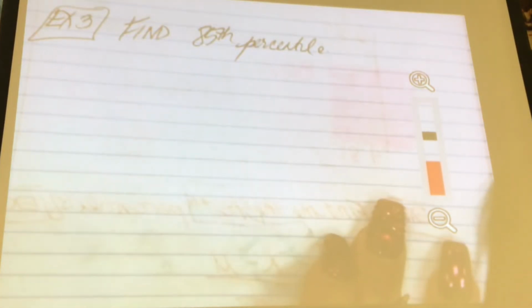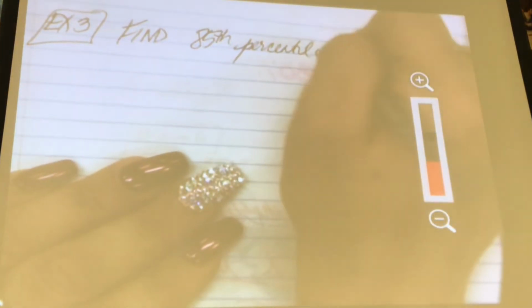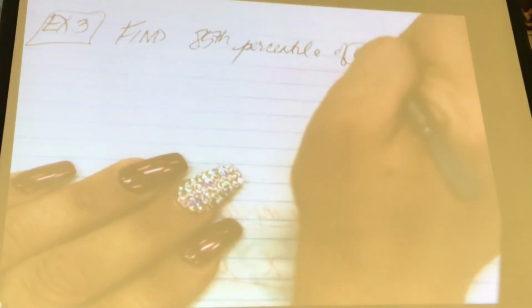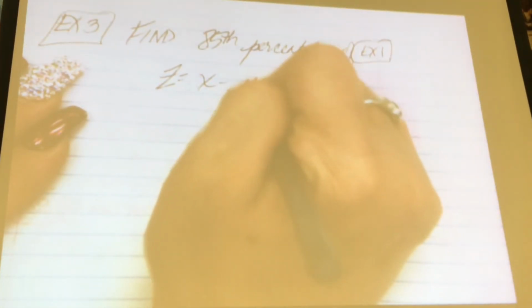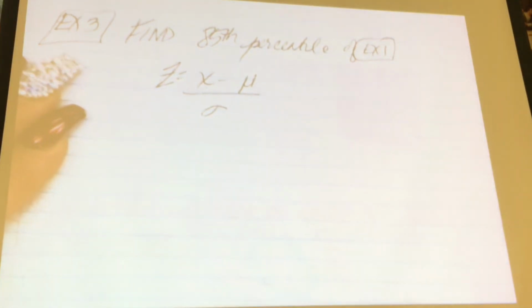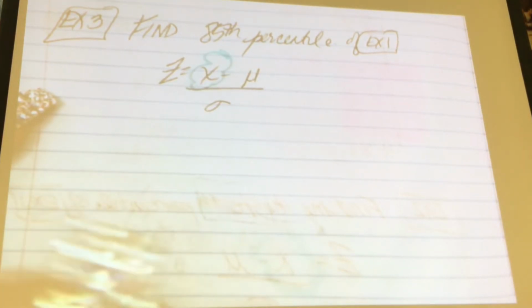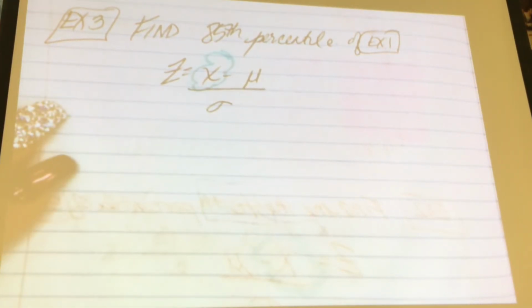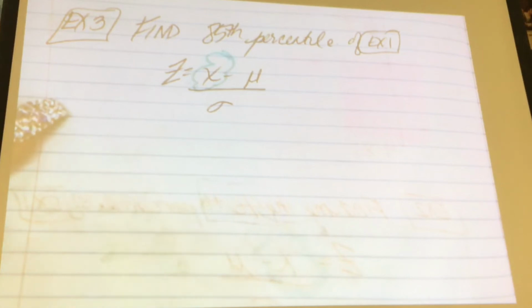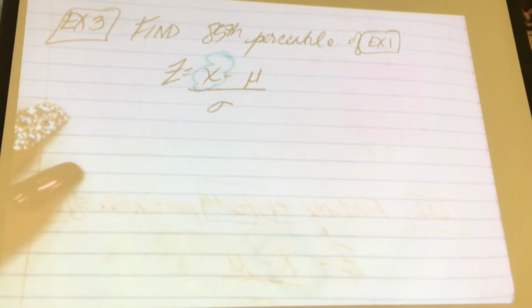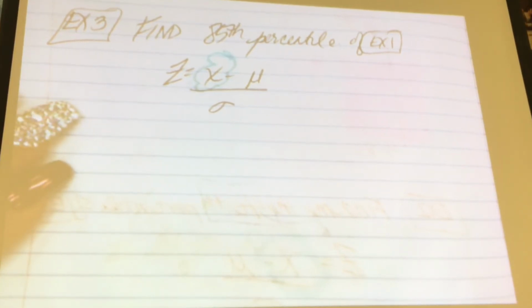So find me the z-score, and let's find the value. This is what we're trying to find. Is 85% above or below the mean? Above.